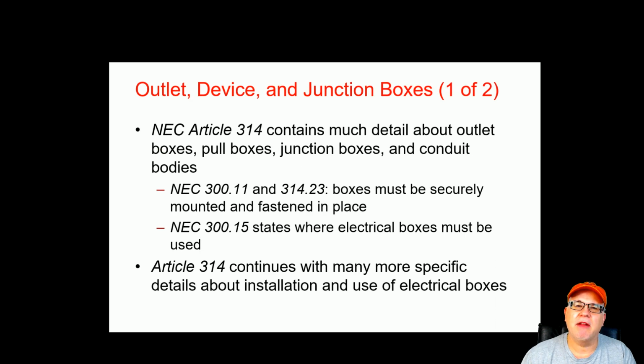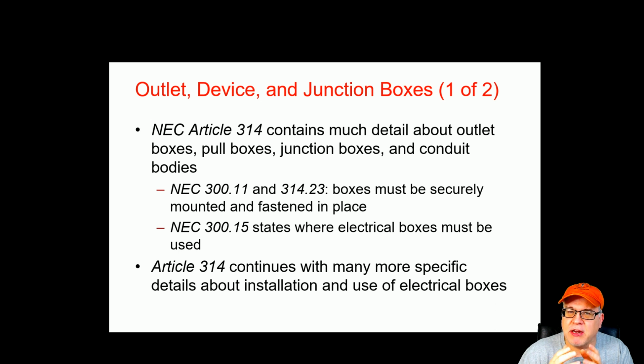Now, dealing with outlet devices and junction boxes. You just heard me talking about the amount of conductor, but now we get into things like 314, which gives you detailed applications of things like box fill and all of those rules that you need to be intimate with as you're starting to learn residential wiring. It's going to serve you very well when you start moving into commercial as well.